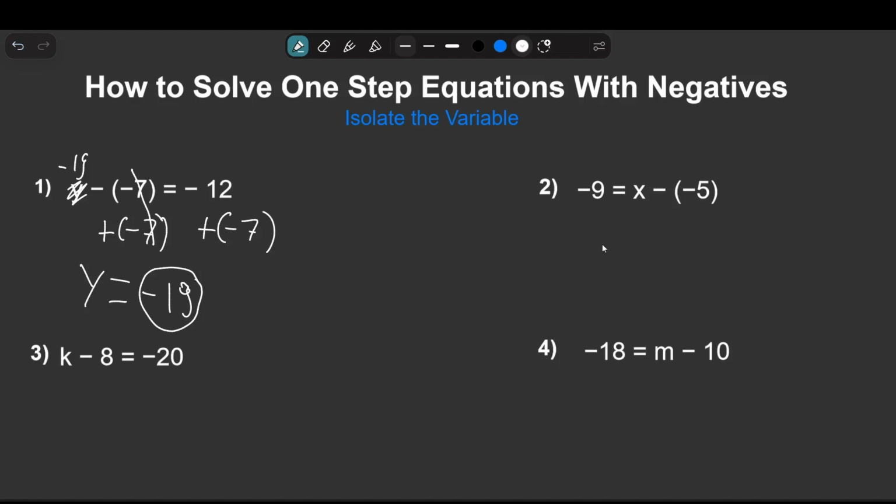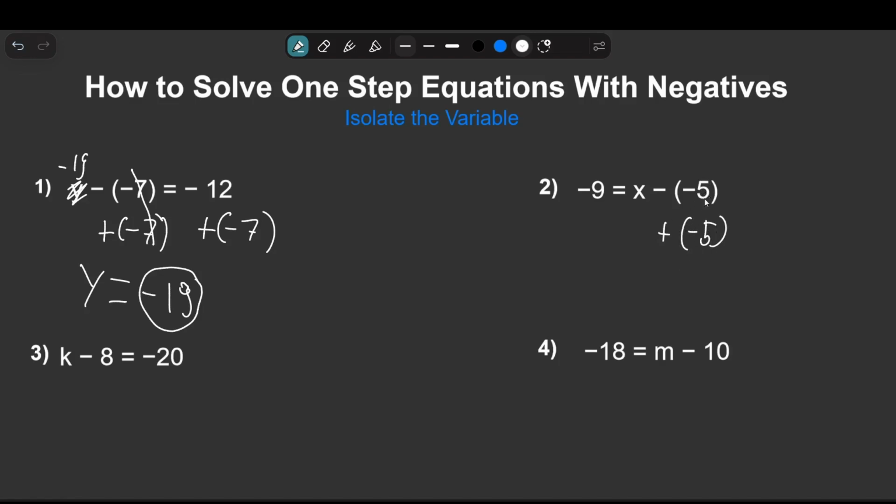For number 2, we have minus 9 equals x minus minus 5. To do this again, we're going to isolate our variable. To isolate our variable, we're going to change, or inverse, our operation. Our operation is subtracting, and the inverse, or the opposite, is adding. So we're going to do, again, the same thing, plus minus 5.